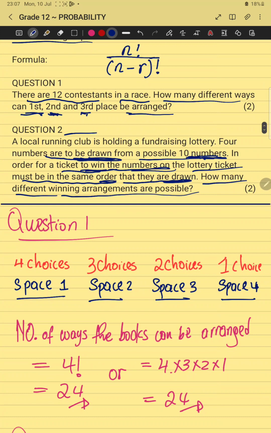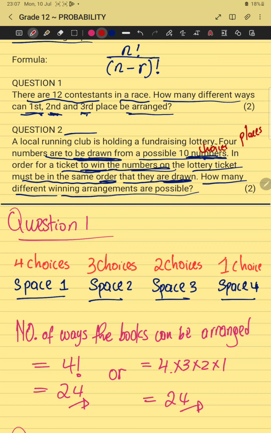So they're saying that 4 numbers are to be drawn, which is the same as 4 places, and the 10 numbers stand for choices.